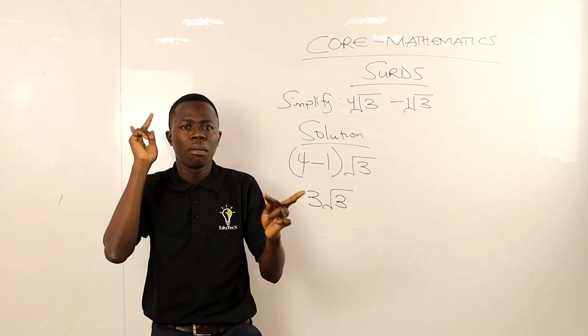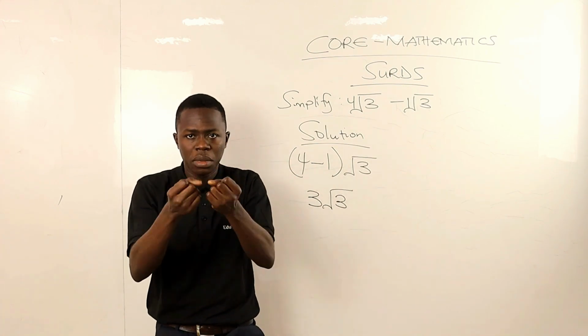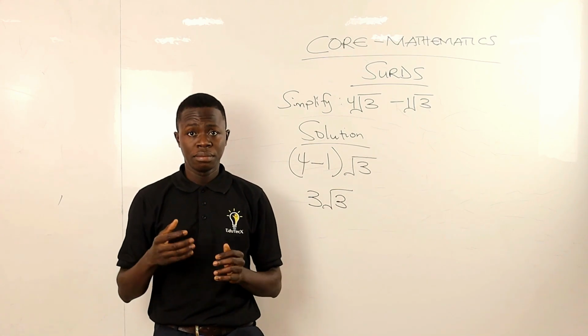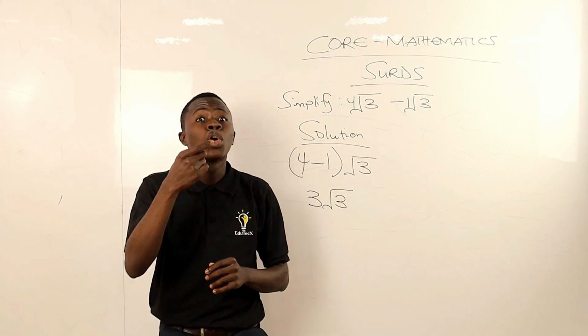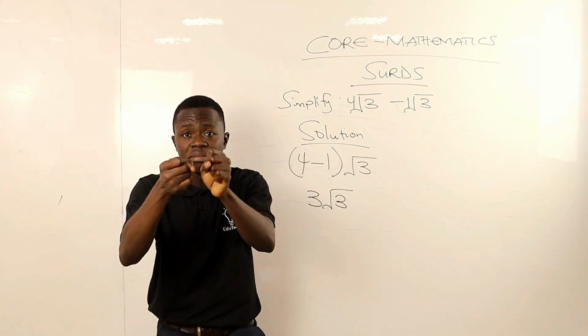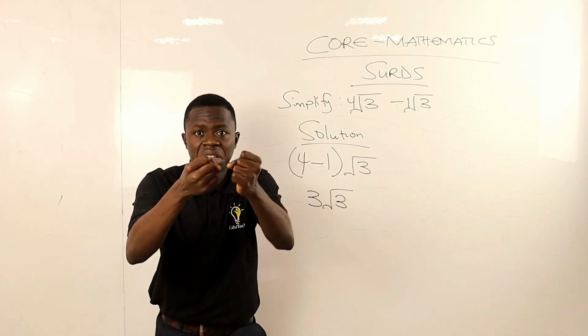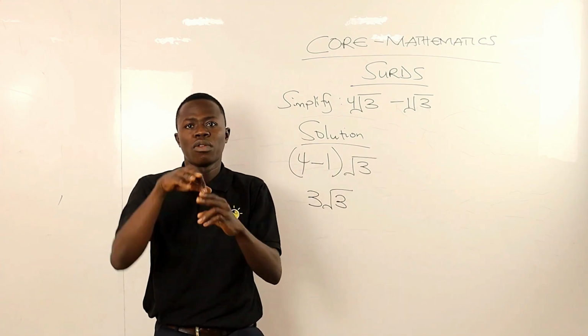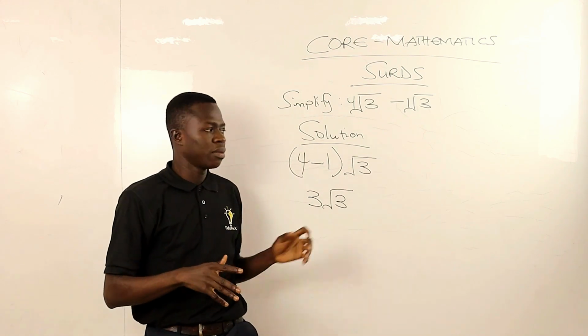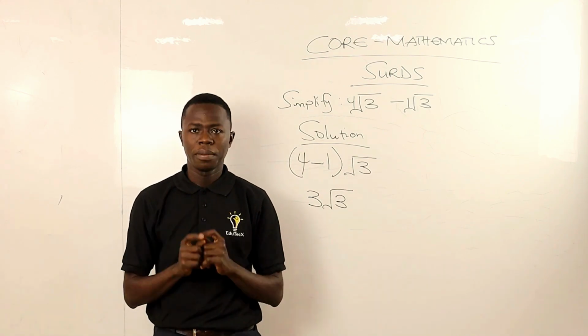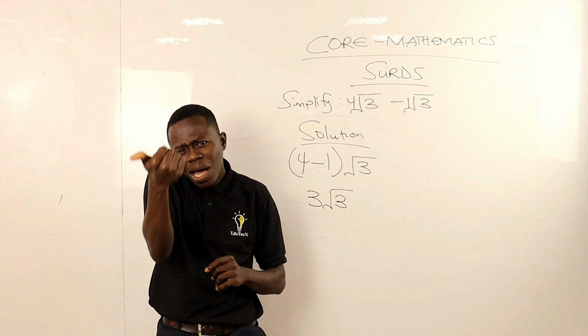Now that we are done with the subtraction, can we continue? You see, the question says simplify, and the answer that we already have is already simplified. So we leave our answer like that. So 3 square root of 3 becomes our final answer.